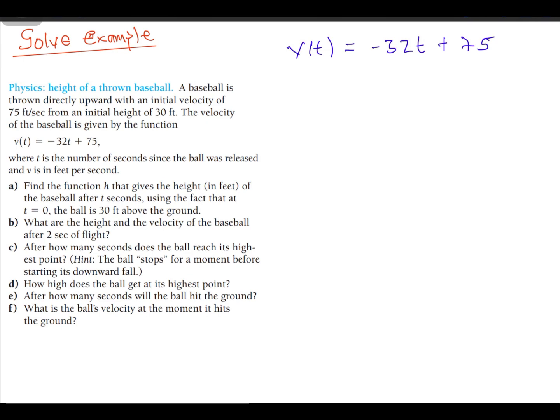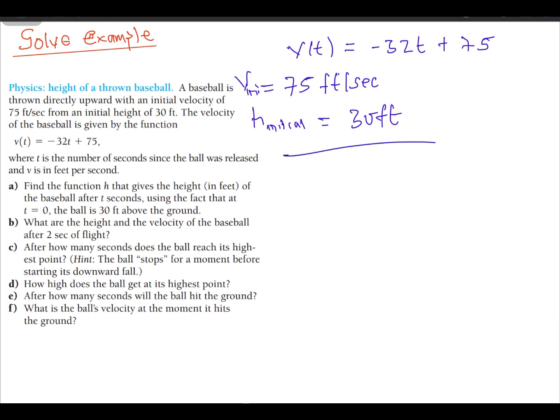As you can see over here, they said the initial velocity was 75 feet per second, right? That's the initial velocity, v initial. And then the initial height, h initial, equal to 30 feet. It's also here.